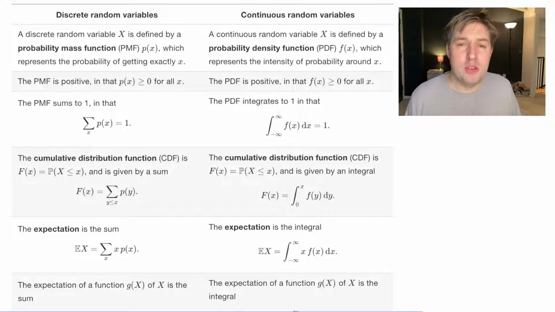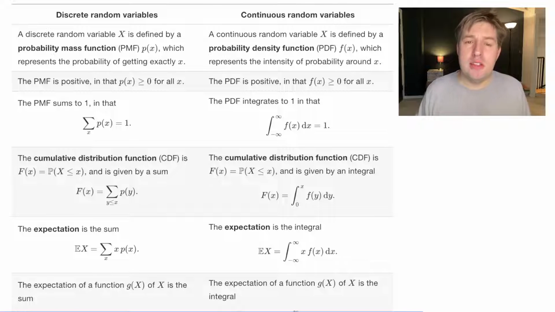You'll remember that for discrete random variables, we talked about the cumulative distribution function, which is the probability that the random variable is at most some value x. And we talked about how you could find that by summing up the probability mass function up to x. So for continuous random variables, this continues the same way.